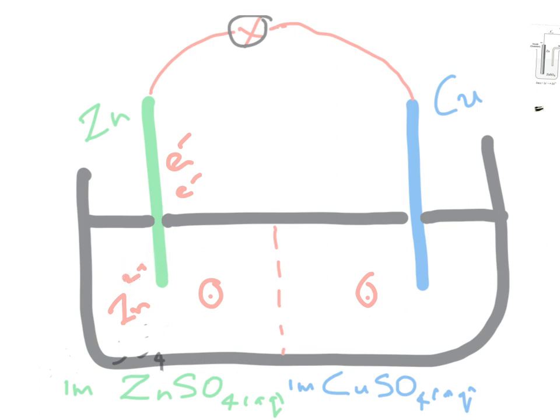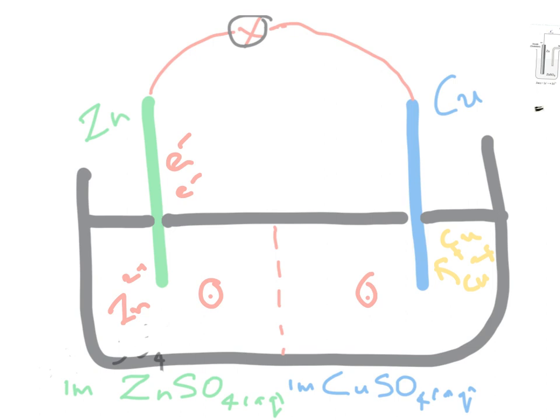So if we think about the other compartment, here you can see copper is deposited. That means here in this solution we have copper 2 plus from copper sulfate, right? So this copper 2 plus is deposited, so it becomes copper. So they become less positive now.